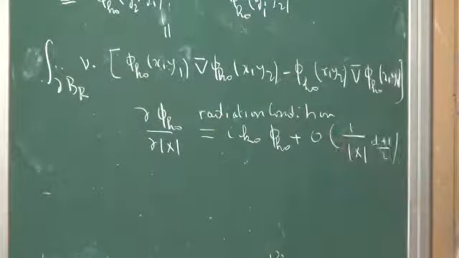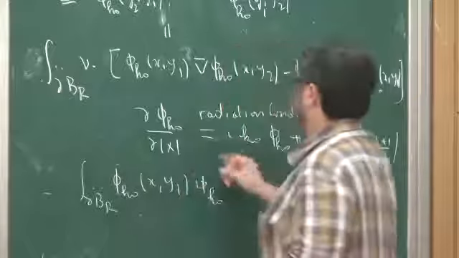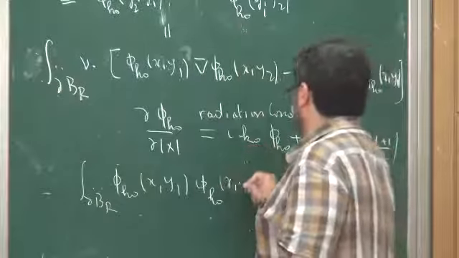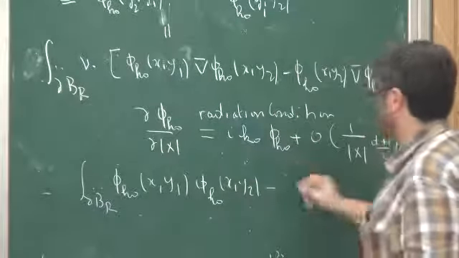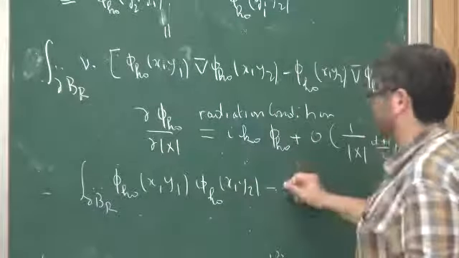Actually, if you use the radiation condition, the first order term cancels out, so you will get the integral on the boundary of B_R of phi k0(x, y1) phi k0(x, y2) minus phi k0(x, y2) phi k0(x, y1).